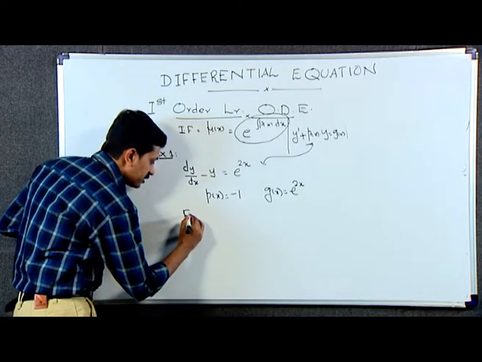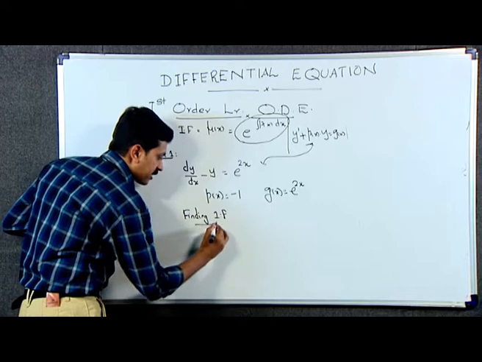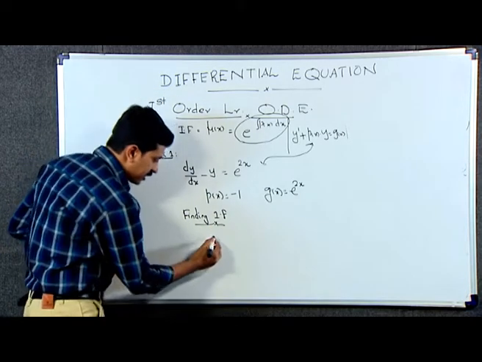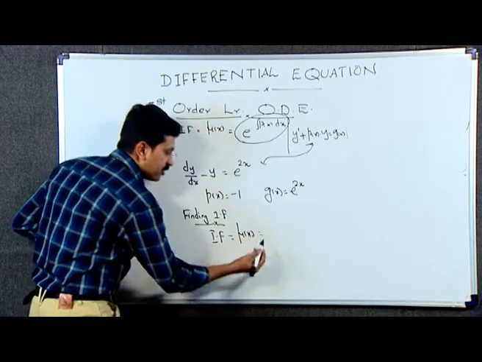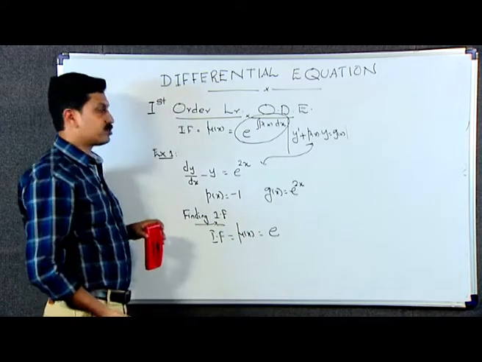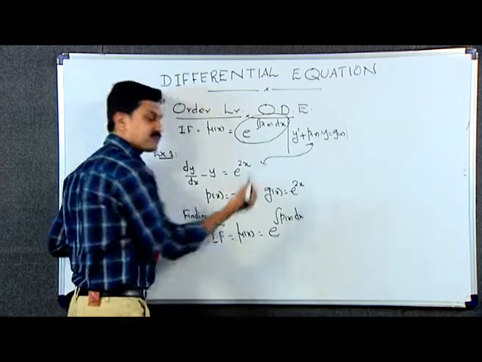So, finding the integrating factor, the integrating factor mu of x is, by the formula, e raised to integral of p of x dx.